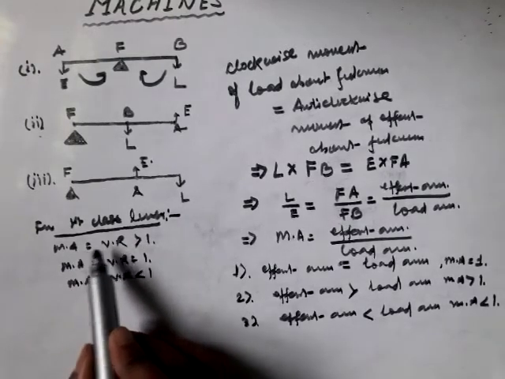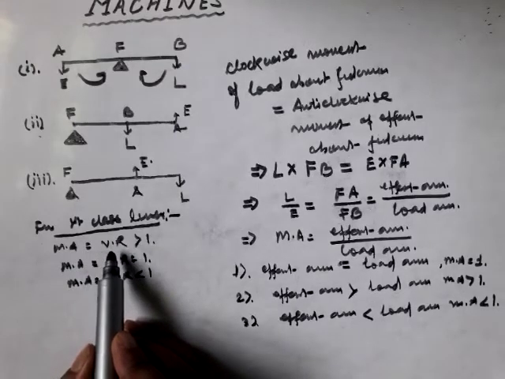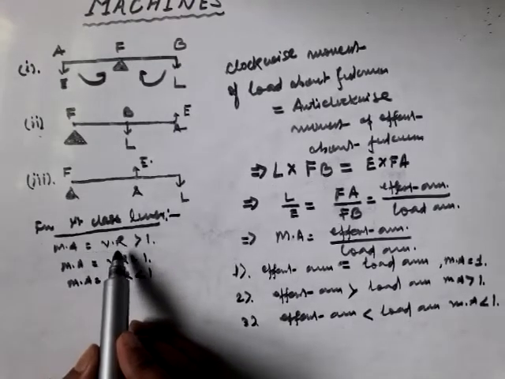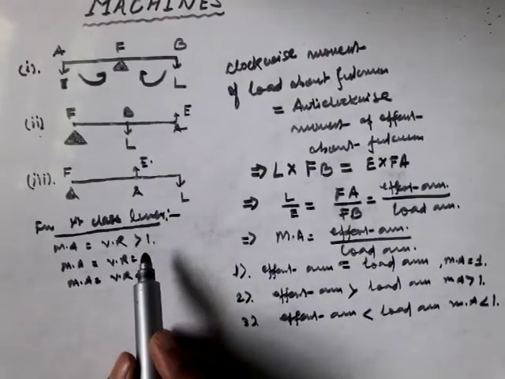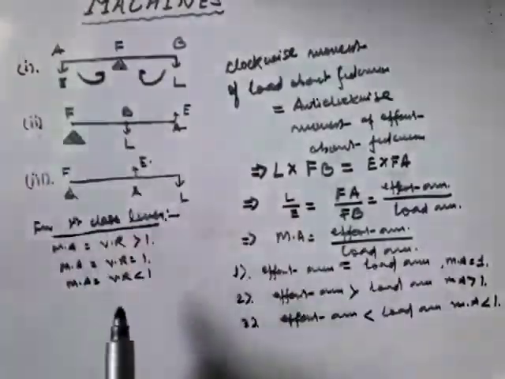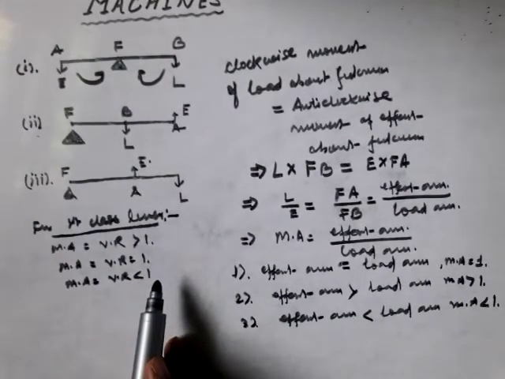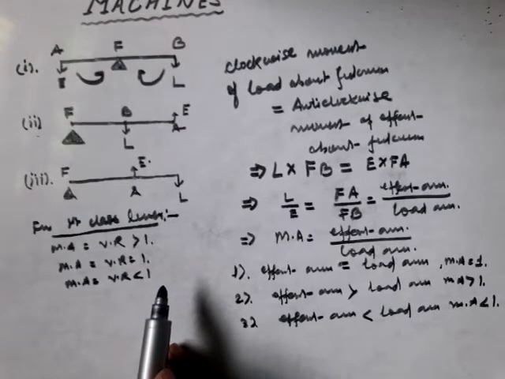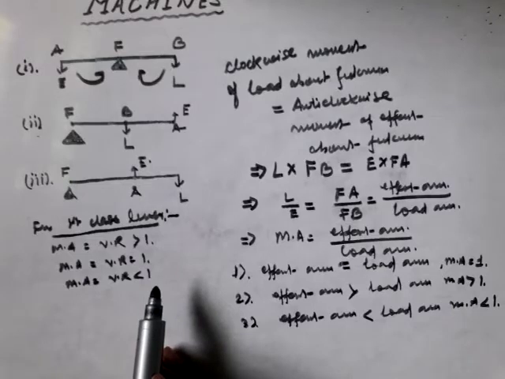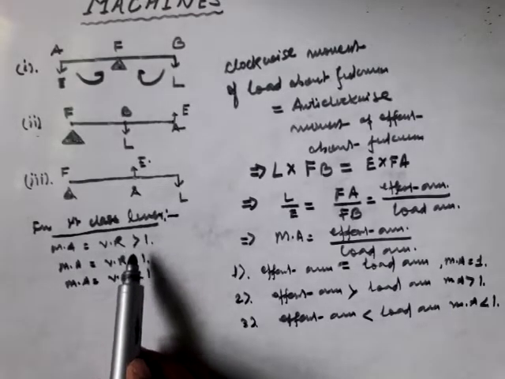So mechanical advantage and velocity ratio are greater than 1. In this case, dear student, the first class lever acts as a force multiplier. We have discussed the force multiplier: with less effort we are able to lift a heavy load.